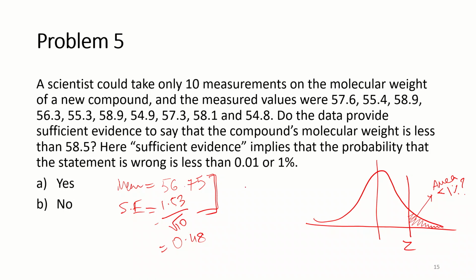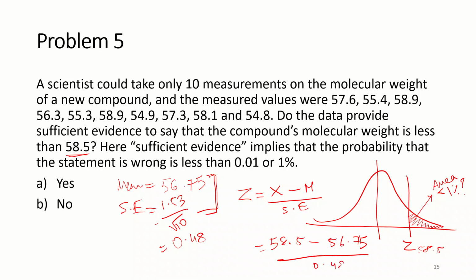Okay. Yeah. So now we will take z. So this is the z. We'll calculate x minus mu divided by the standard error. So x is this one, 58.5. So 58.5 minus the mean 56.75 divided by the standard error.